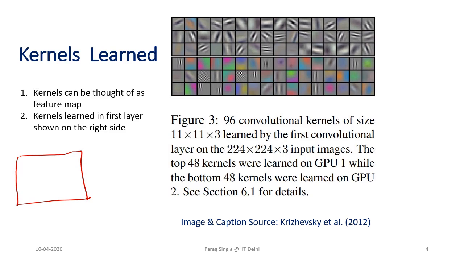So this is your initial image on which the kernel is being applied. This is 224 by 224 and depth is 3. Remember, initially they were applying kernels of size 11 by 11, and of course the depth is 3, and then there are I think 96 such kernels.